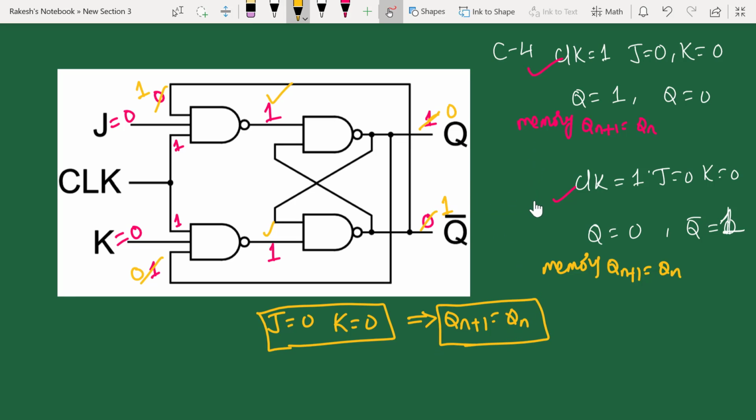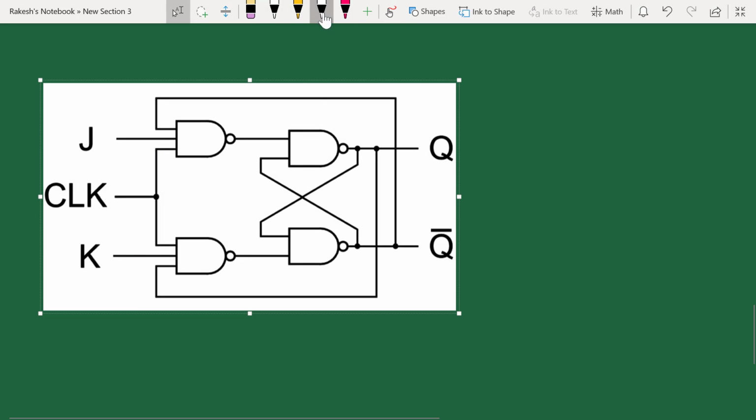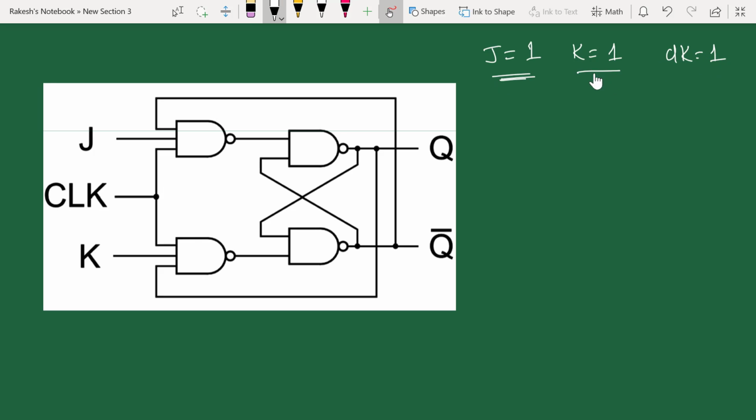Now we'll see the last and most important condition for the JK flip-flop. So please listen, this is very very important. So now I'm considering my J equals 1 and K equals 1, clock also 1. This is very very important, which we did not use previously in the SR flip-flop. Now in the same way I'm going to consider my output as 0 and this will be 1.